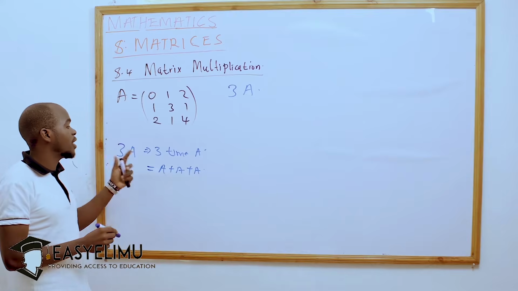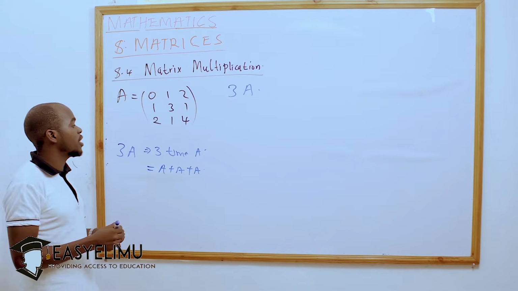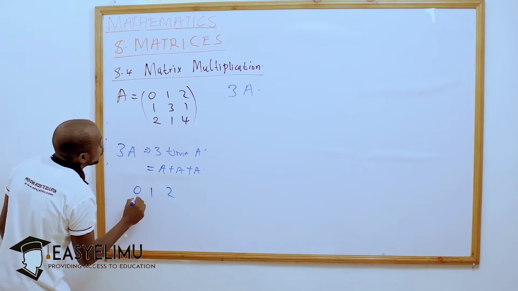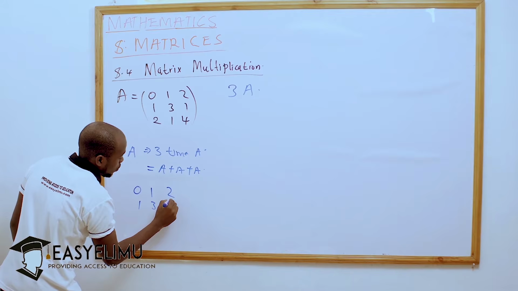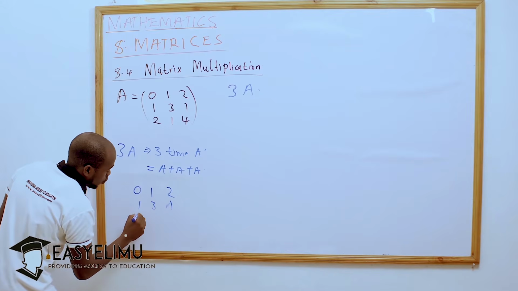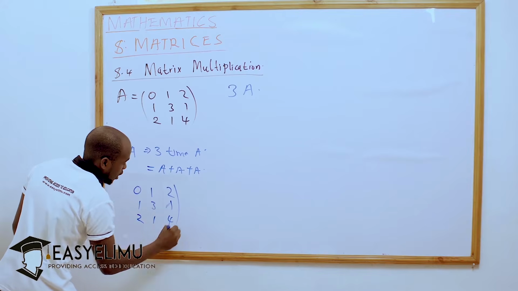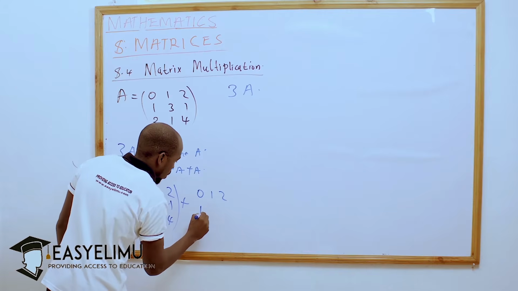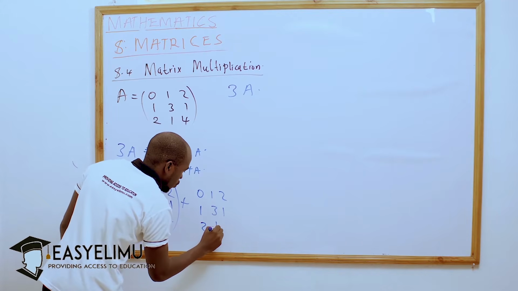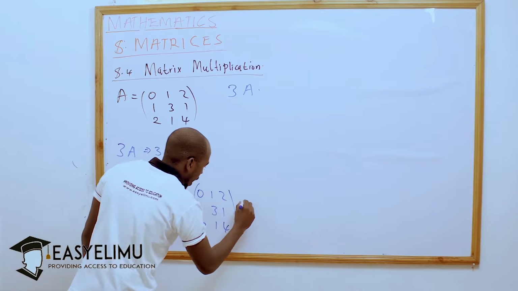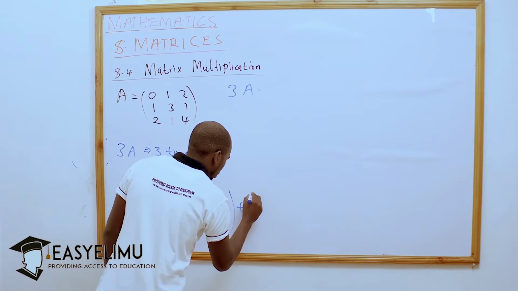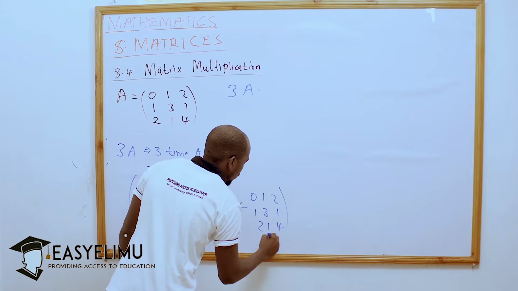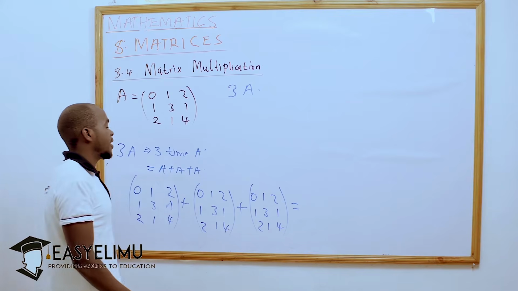So we get 0, 1, 2, 1, 3, 1, 2, 1, 4. Then we add another one of the same, 0, 1, 2, 1, 3, 1, 2, 1, 4. We add another A, which is 0, 1, 2, 1, 3, 1, 2, 1, 4. So if we sum up, it's like we are finding 3A.